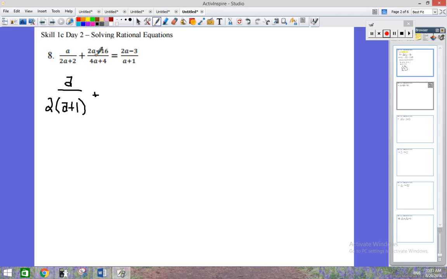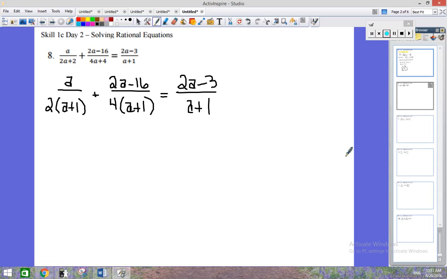In the next one, I see a 4 in both of those places. And over here, I can't factor that denominator. So that middle term right there, 4 times a plus 1, that's the denominator I would like to see everywhere.